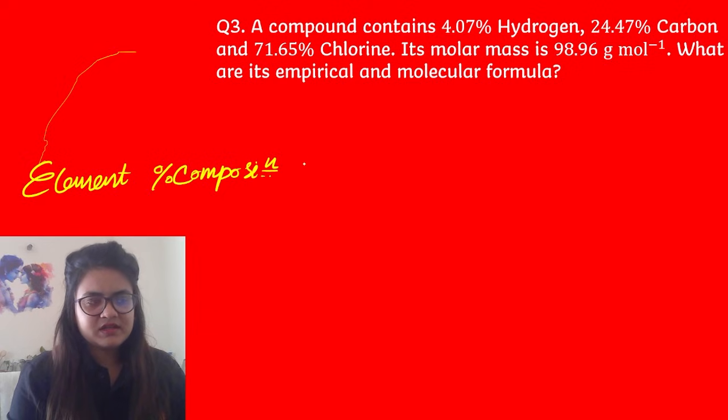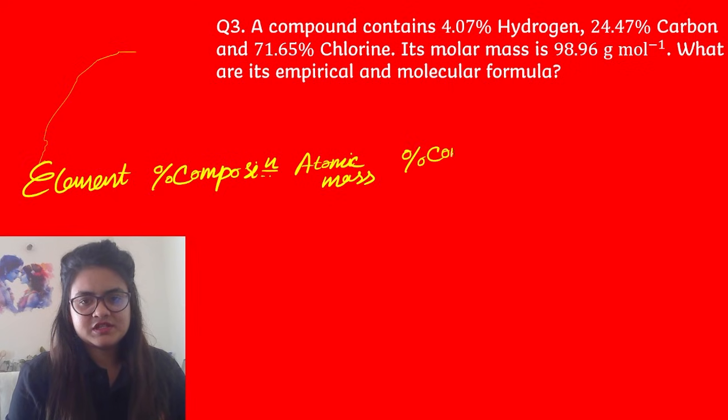Next I will make a column for the atomic mass. Next, percentage composition divided by atomic mass.